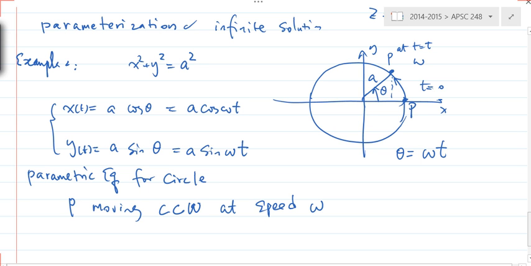That's pretty nice because if you just say point P is on this circle, you won't have any idea what kind of motion P has. But if you have this parametric equation describing the motion of point P, you immediately know that P is moving counterclockwise at the speed of omega. Is that good?